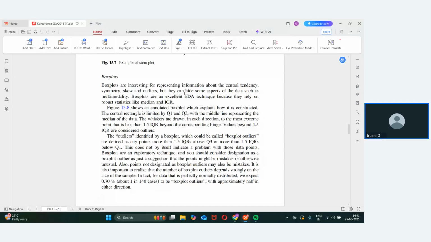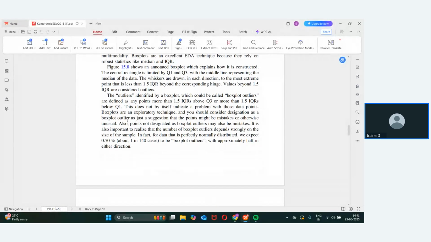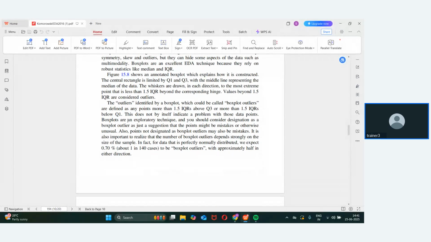But they are also used to hide some aspects of data. Box plots are an excellent EDA technique because they rely on robust features like median, interquartile range, and etc. So these are important kinds of EDA technique.